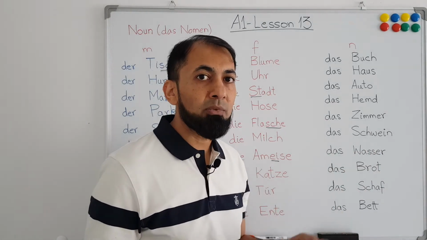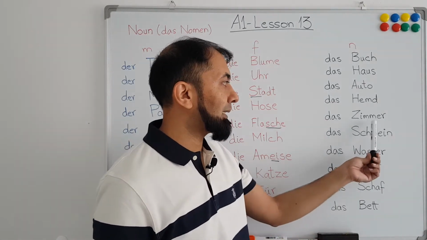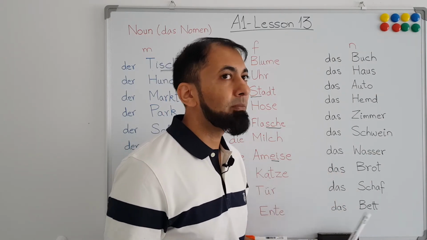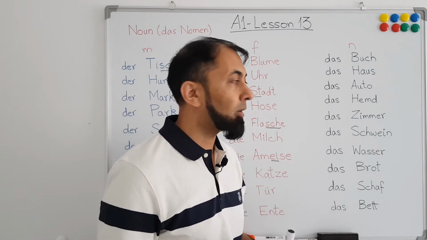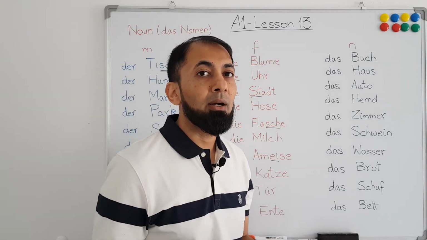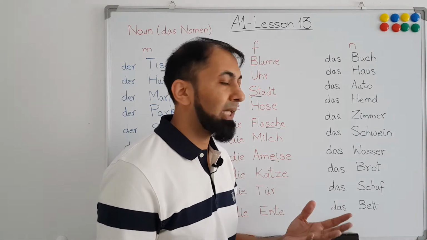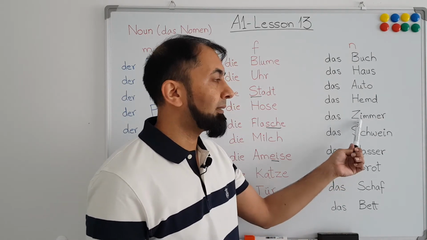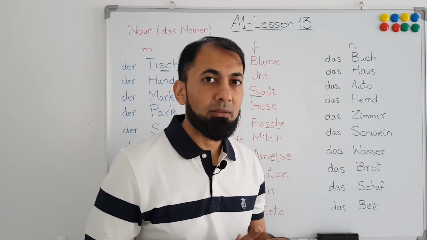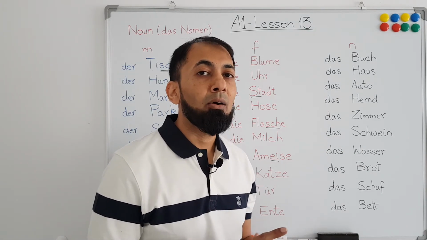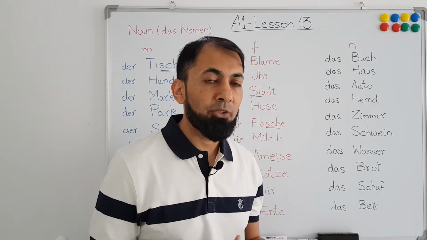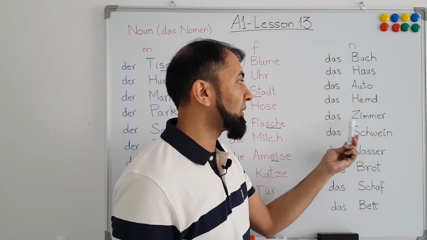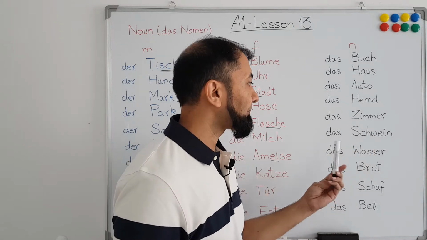So the rooms in the house, they are called Zimmer. If there are rooms in some building, we will not call them Zimmer. There we use another noun, Raum. But if there is a room in a hotel, or if there are rooms in your house, for these we can use the word Zimmer.